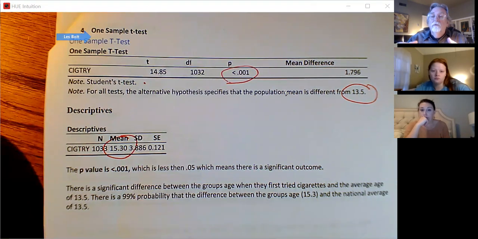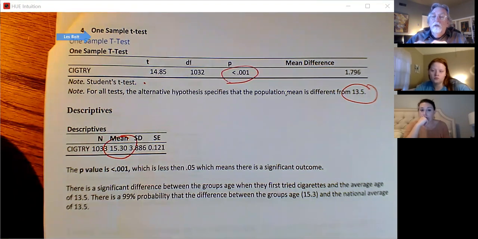So once again, we begin to think about, okay, why is that the case? Why did this group start smoking later than the national average? It begins to bring to mind, okay, is there something different about this sampling of this survey that would make it different from what we think the national average to be? Or is this just a unique group within this survey that just started smoking a little bit later?